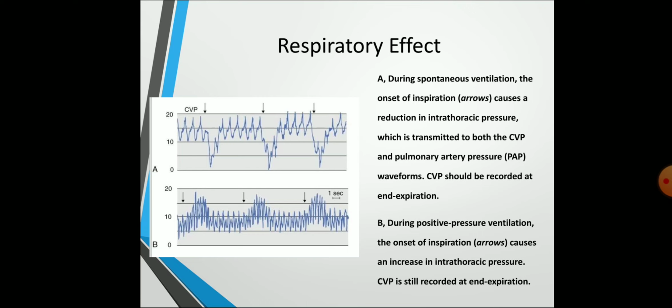In expiration, when the intrathoracic cavity contracts, less blood enters the heart, and that causes a backflow of blood, so the CVP rises. So during inspiration the CVP falls, and during expiration the CVP rises, and therefore you always measure the CVP at the end of expiration.